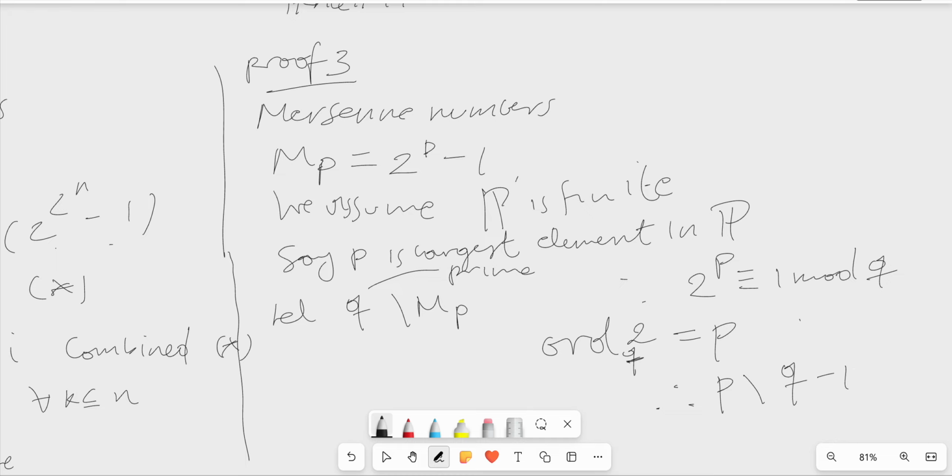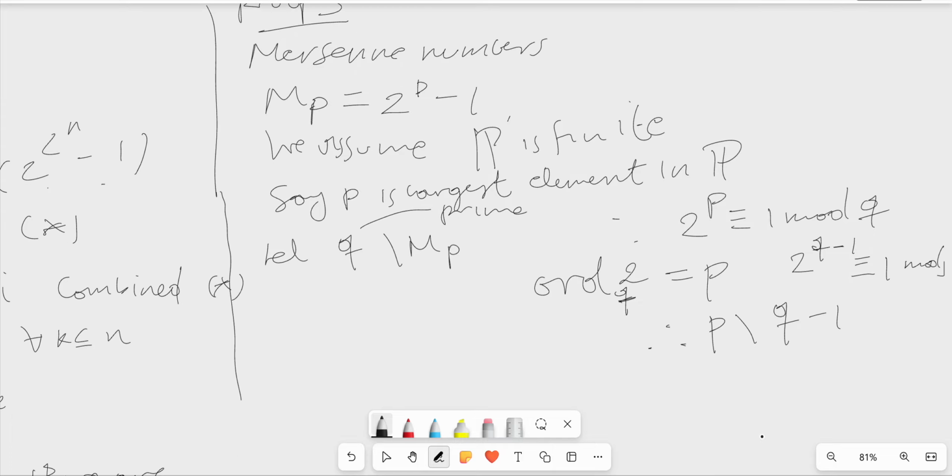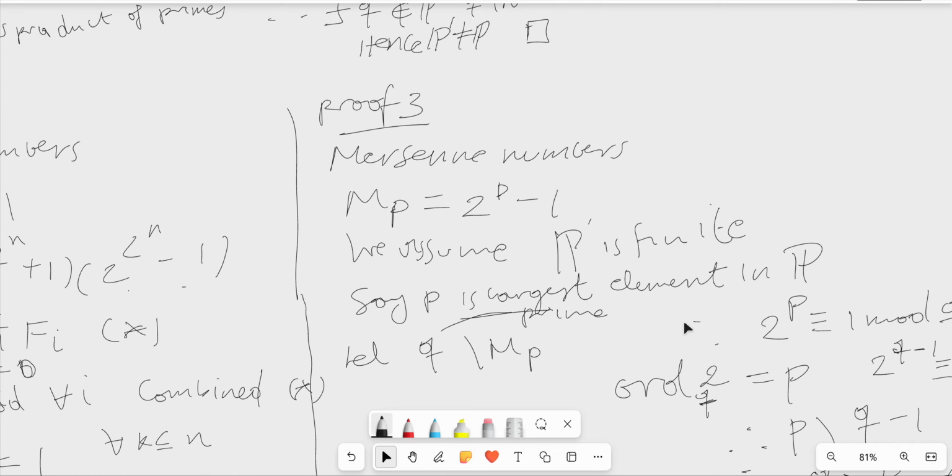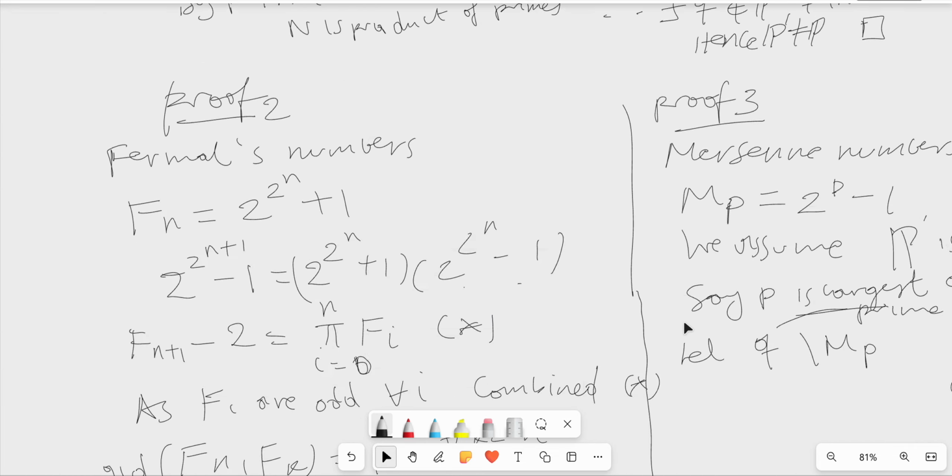This is the same as saying, remembering Fermat's little theorem, which says this will always be true. So from here we know that P divides Q minus 1, therefore Q is larger than P, which is a contradiction to the fact that we assumed P was the largest. This is the third proof.